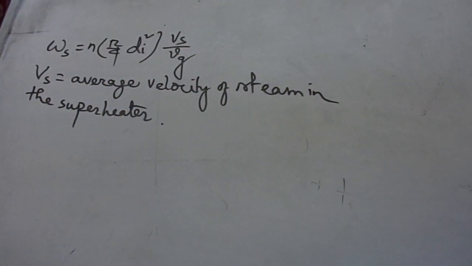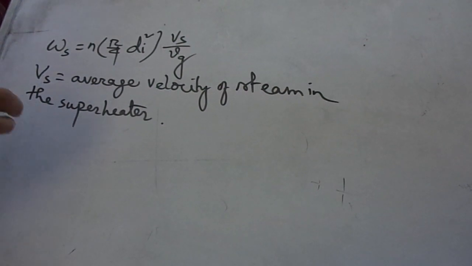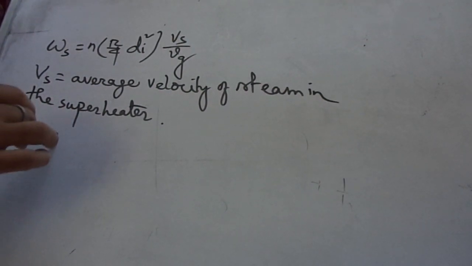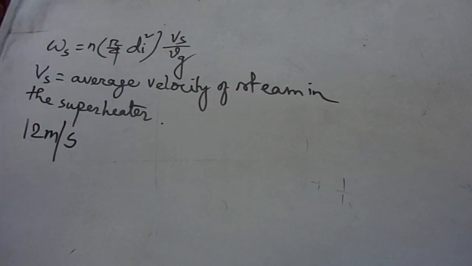For high pressure boilers, it is about 12 meters per second. And for very high pressure boilers, it is 10 meters per second.